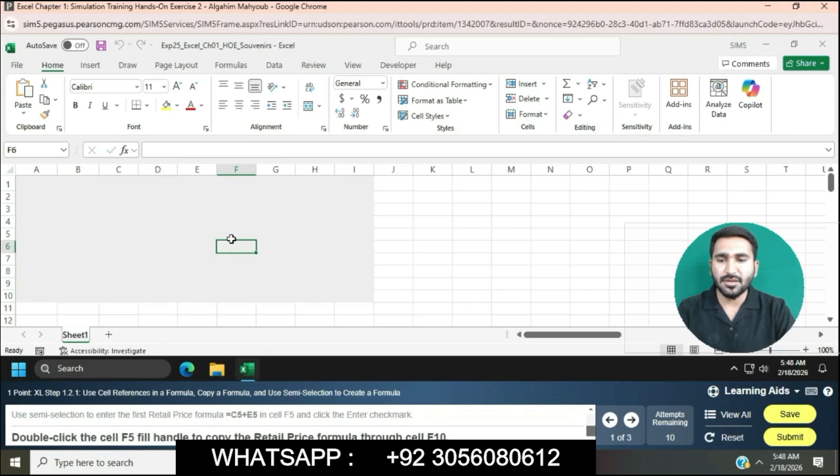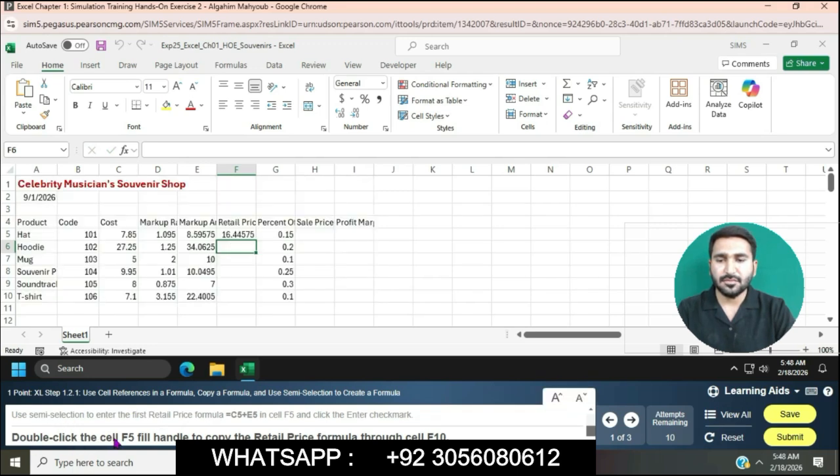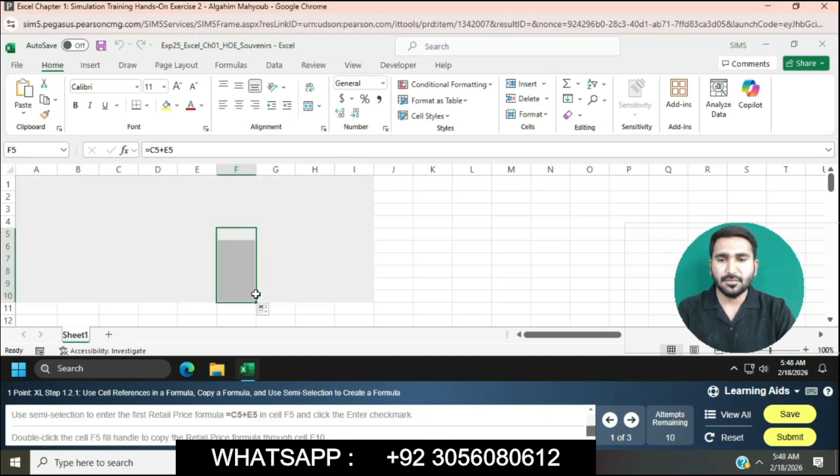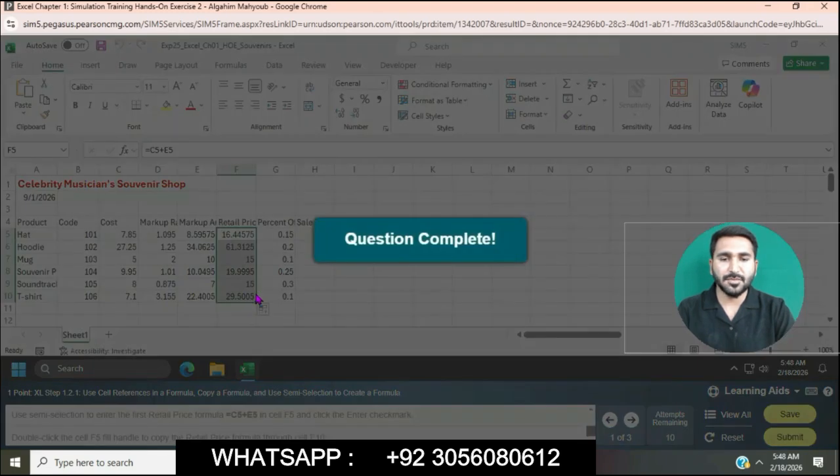Okay, press Enter. Then double-click the cell F5 fill handle to copy the retail price formula through cell F10. Okay, question number 1 is completed.